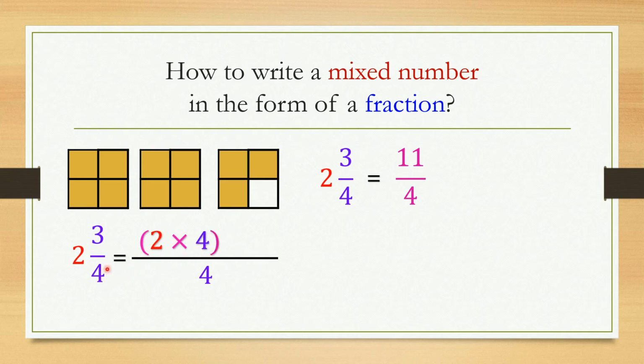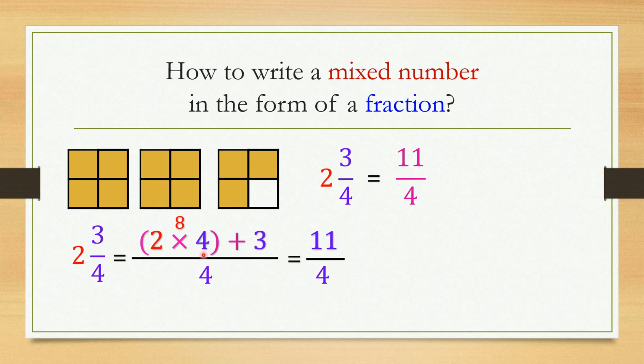It's 8. Then we add plus 3, the numerator of the fraction part. It's equal 2 times 4. It's 8. 8 plus 3, it's 11. And the fraction is 11 over 4.